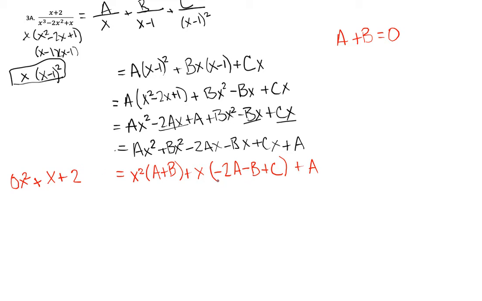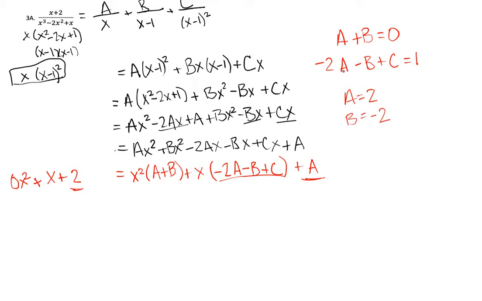So my negative 2A minus B plus C has to equal 1. And lastly, my A is my only constant, and that has to equal 2. Well, this is kind of nice. If A equals 2, then B has to be negative 2.